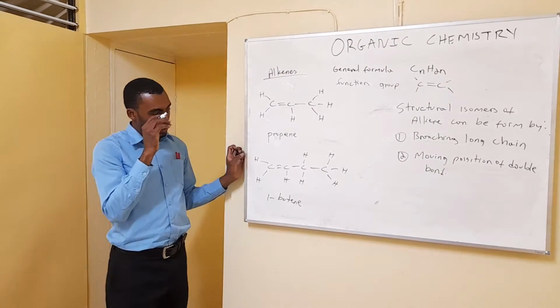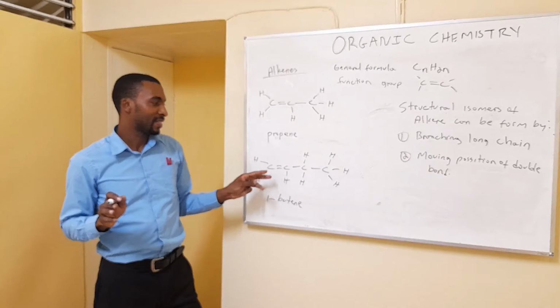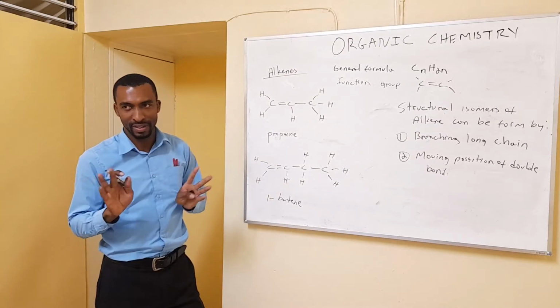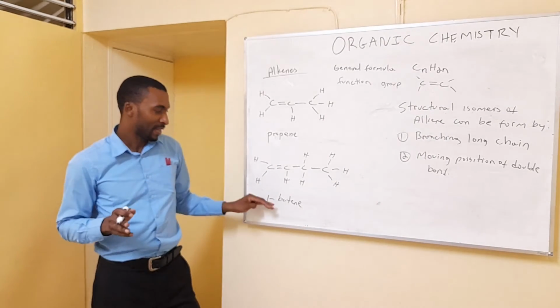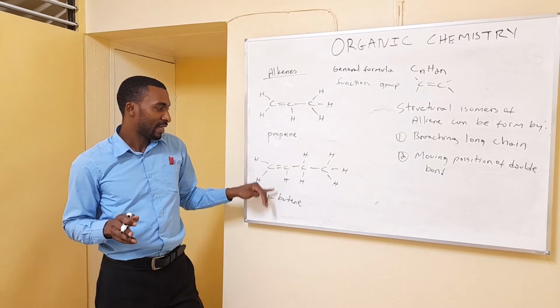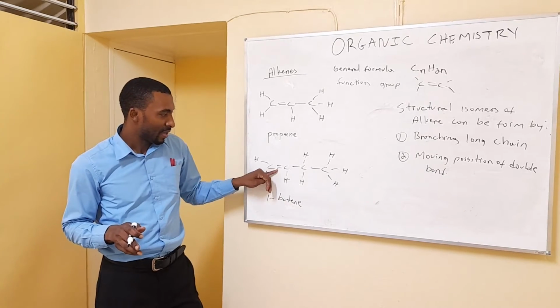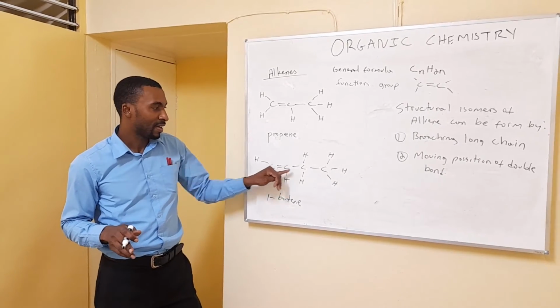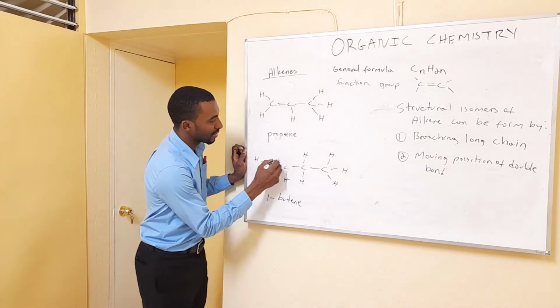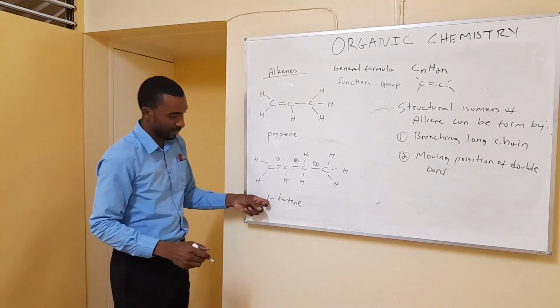When we are counting the position in alkenes, it's not the carbon atom, but it's actually the first bond between the carbon atoms. So you have to make note of that. This number in alkenes, for the long chain, is the bond between the carbon atoms to start the numbering. So this will be bond 1, 2, 3 to get this number.